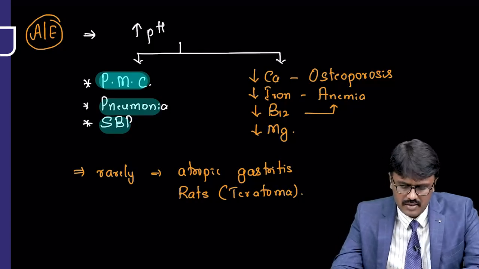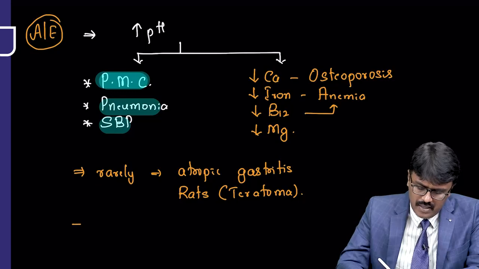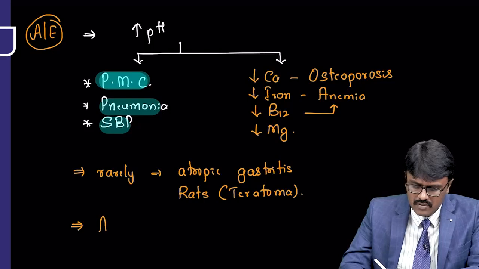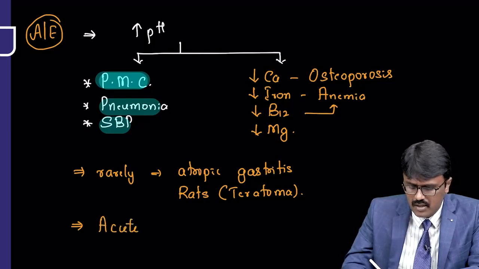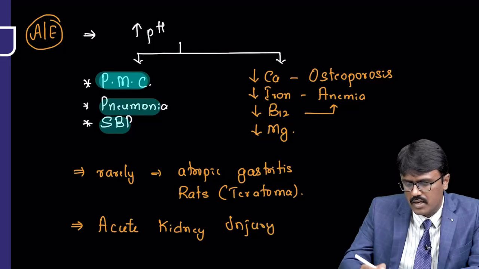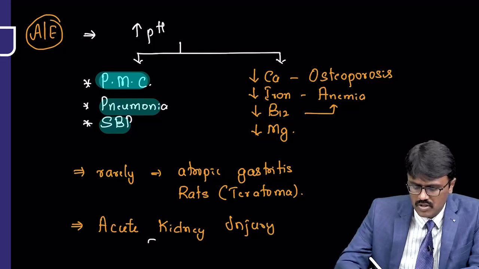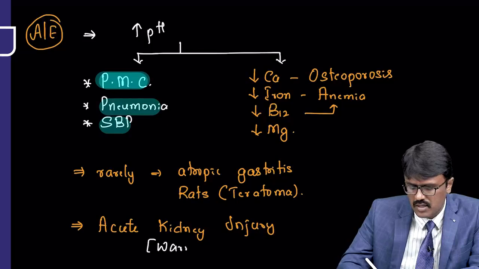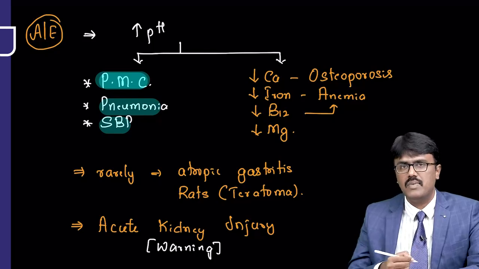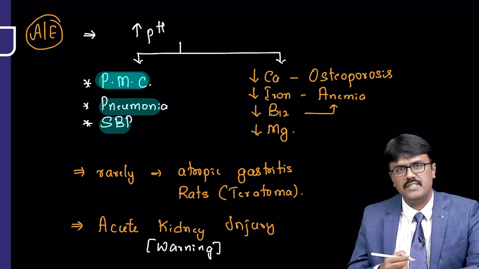No need. Then recently the government has given a warning to patients that it can cause acute kidney injury. This warning was given because patients use the drug without taking the advice of the doctor. So this is a major problem we see with PPIs.